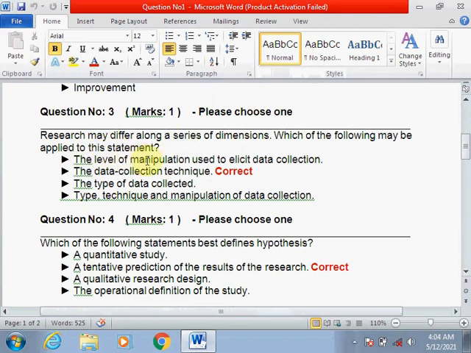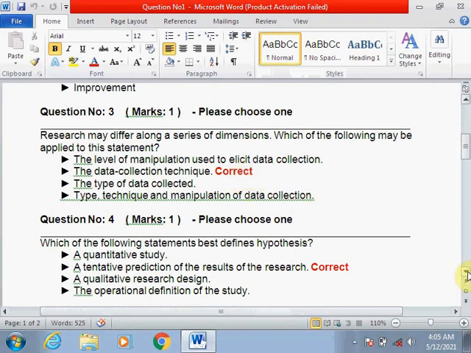The level of manipulation used to elicit data collection. Second option, the data collection technique. Third option, the type of data collected. Fourth option, types, techniques and manipulation of data collection. The correct answer is second option.